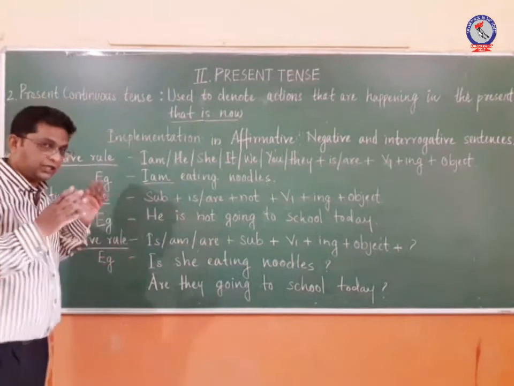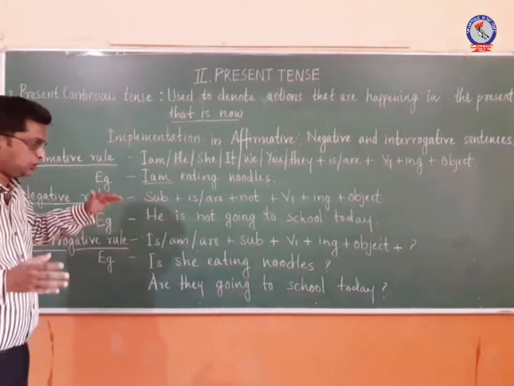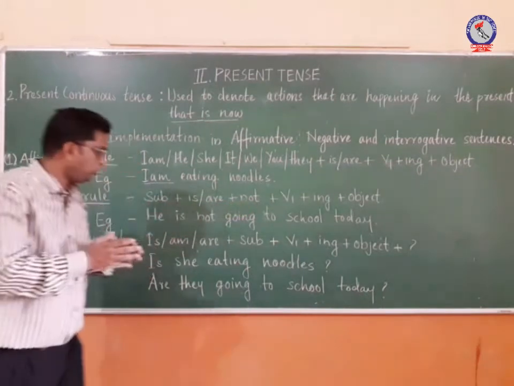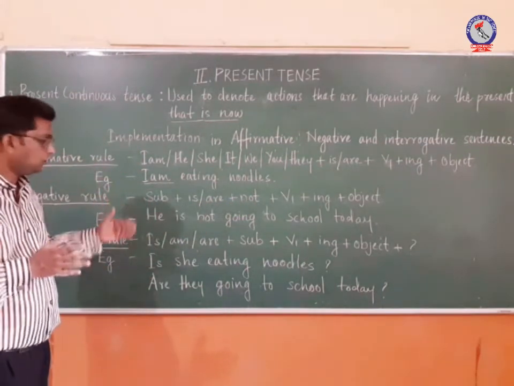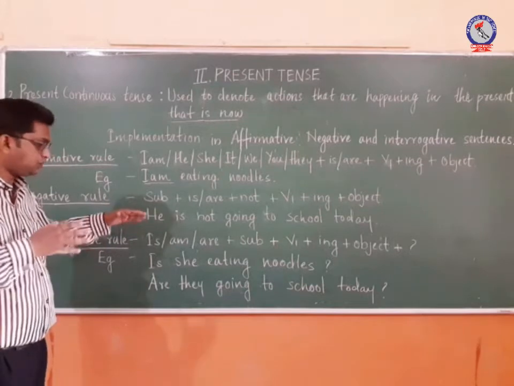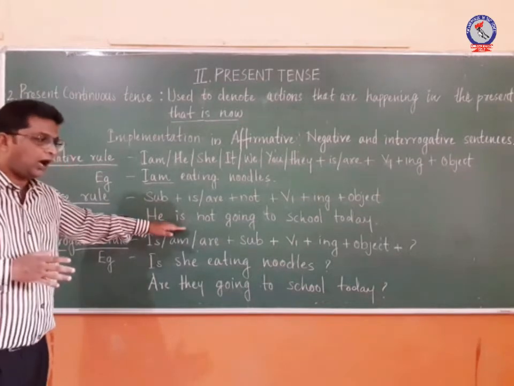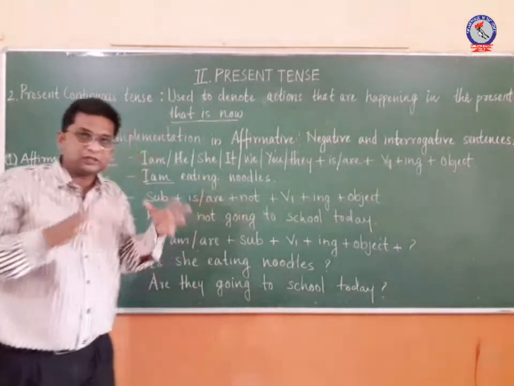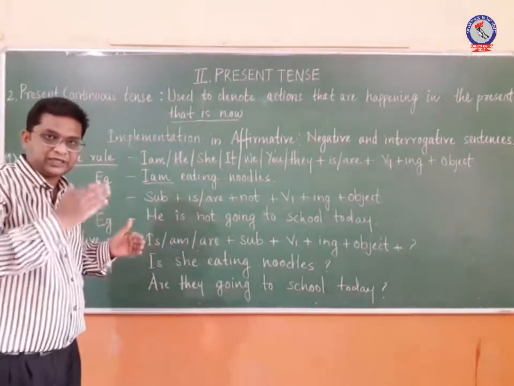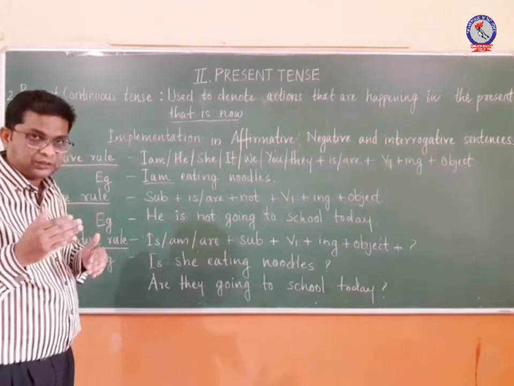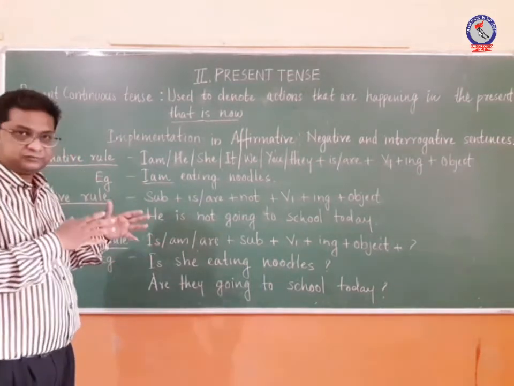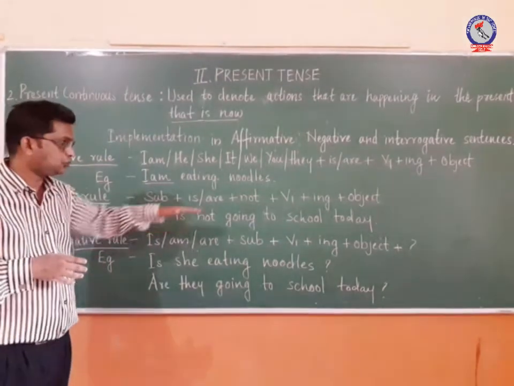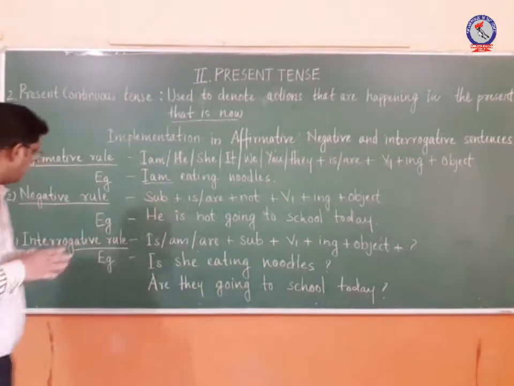The action is going on. If we put they, then we can have this sentence: they are not going to the school today. So you have to always remember first person, second person and third person, and according to that person we will put the subject and these verbs.